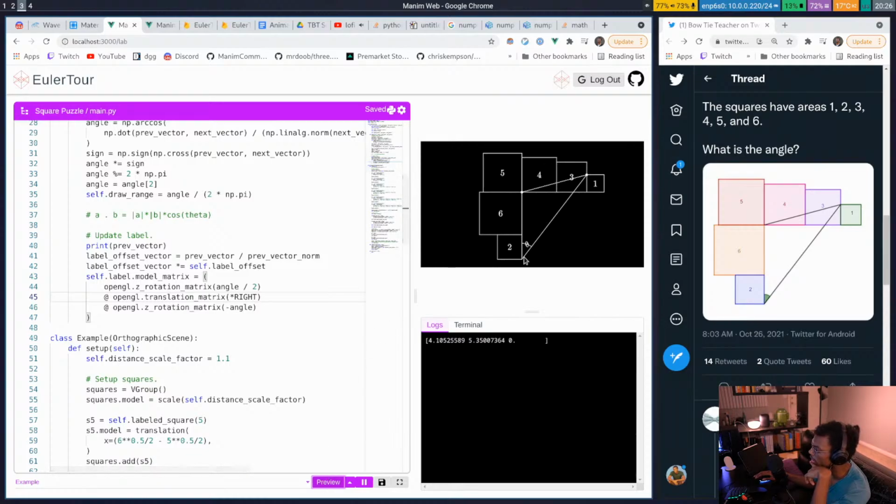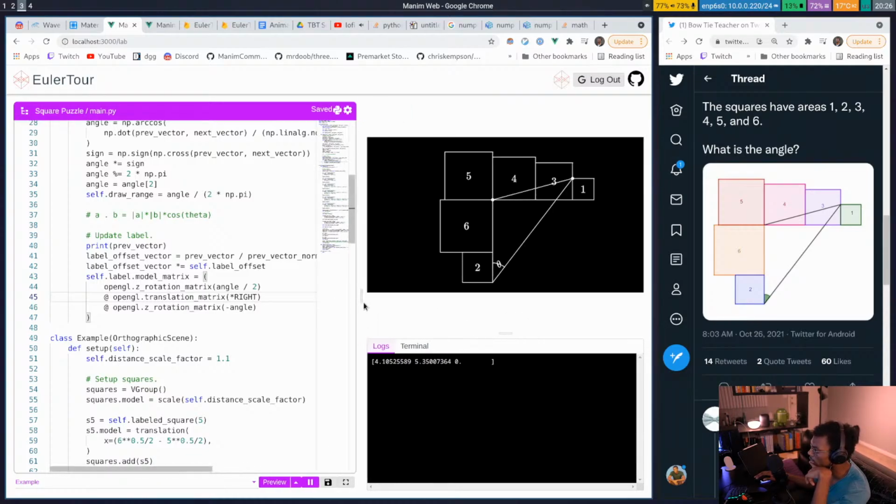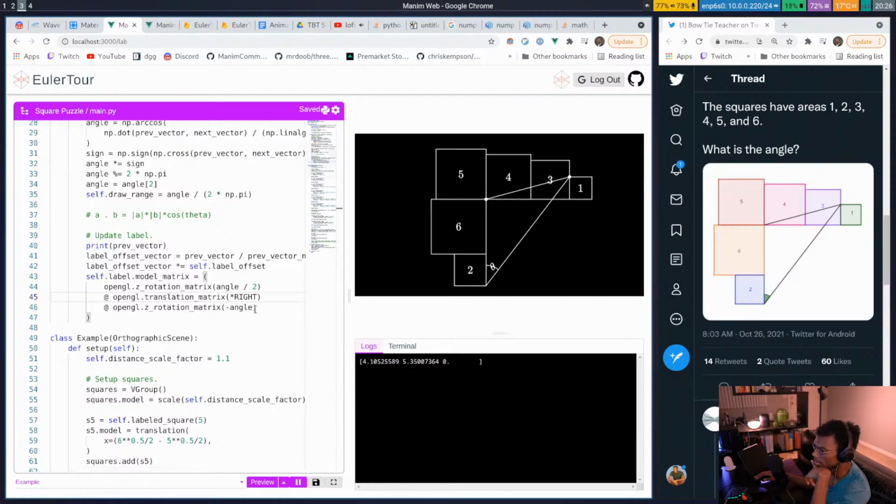Oh, it's so close, but the theta is a little offset. It's slightly rotated. So I guess this should be minus angle over 2? No, that's the wrong direction. So this should be minus angle.